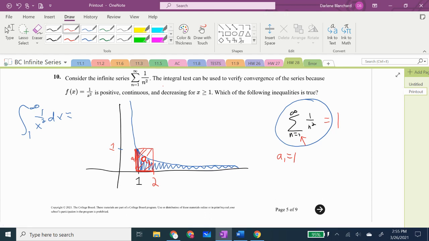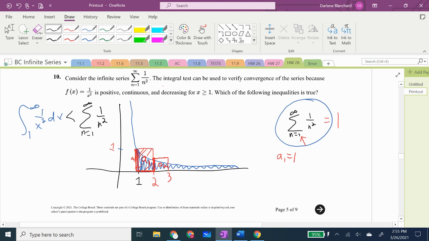Anyway, a sub 2 is going to be this distance, and then I'm going to take it for 1 unit and say that the area of this is a sub 2. And so as you can see, if I'm dealing with an inequality with just the integral from 1 to infinity and my sigma from 1 to infinity of the same formula, that the integral is less.